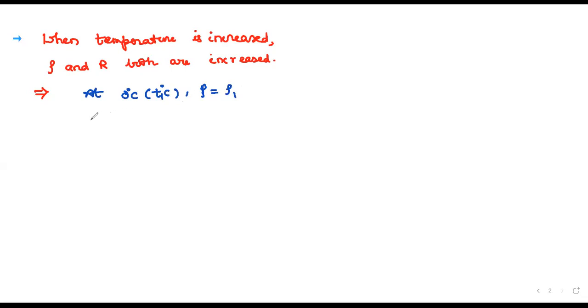And at T degrees Celsius, when the temperature is increased to T2 degrees Celsius, the resistivity becomes rho 2.